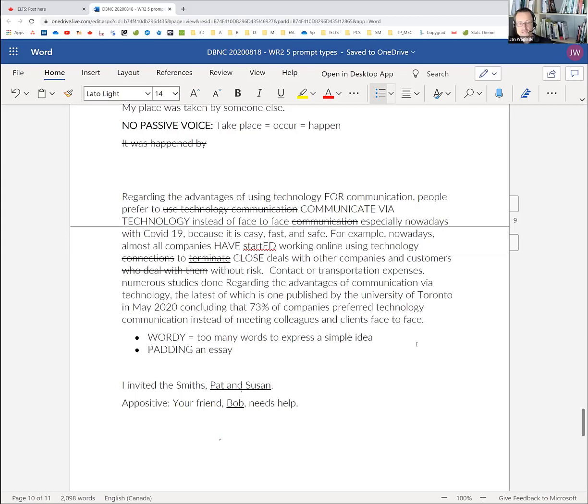So when we say students are padding an essay, it means they're just throwing in words to increase the word count without actually increasing the quality of the ideas. So it drives examiners crazy for sure. Again, the number one rule of editing is this: if you can say the same thing with fewer words, you should always do that.